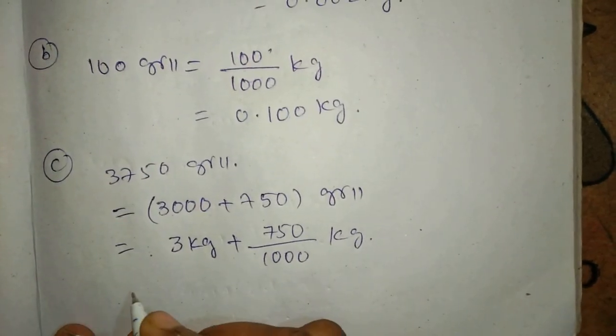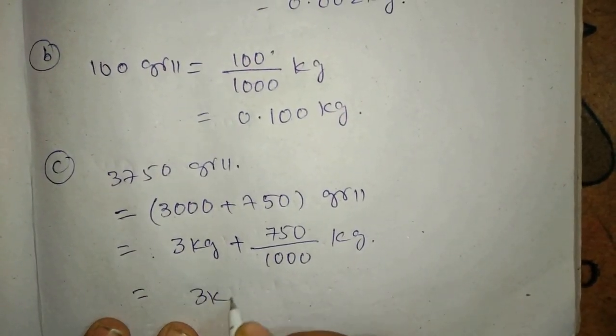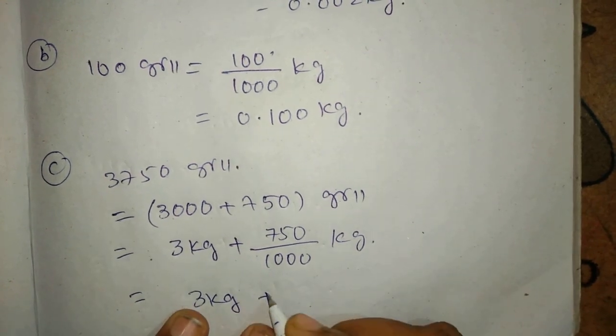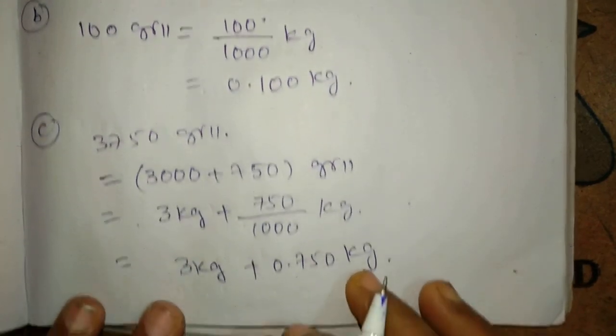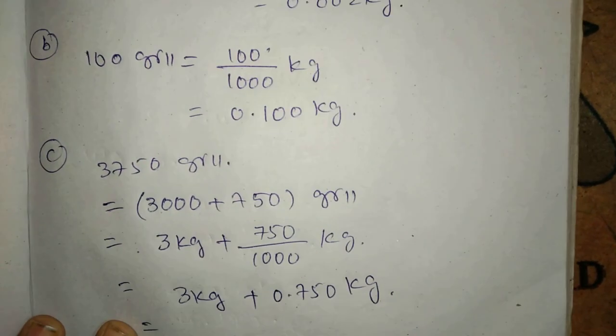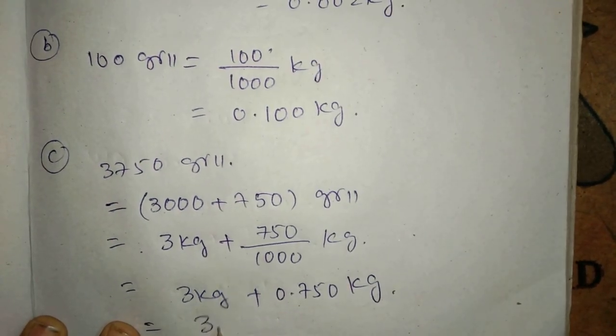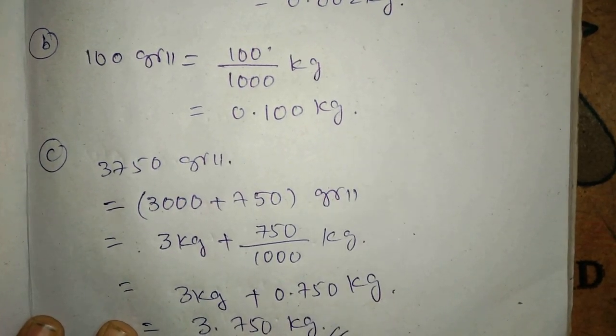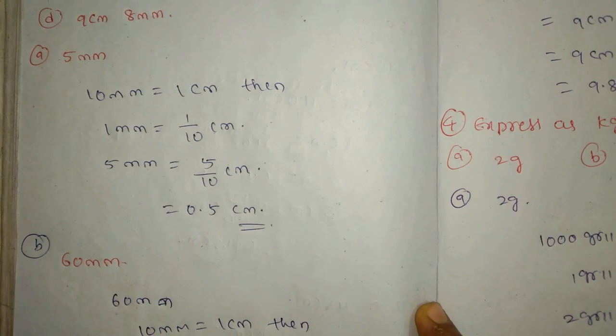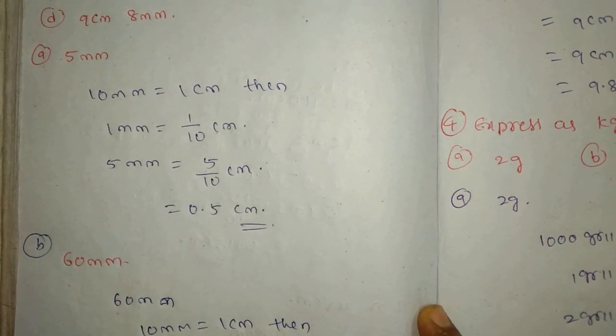This can be written as 3 kg plus 0.750 kilograms. That is equal to 3.750 kilograms.